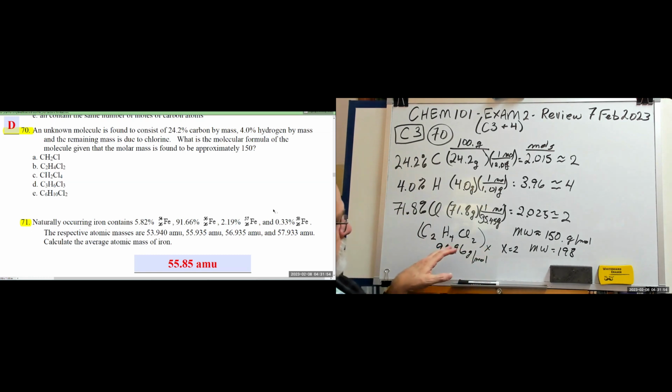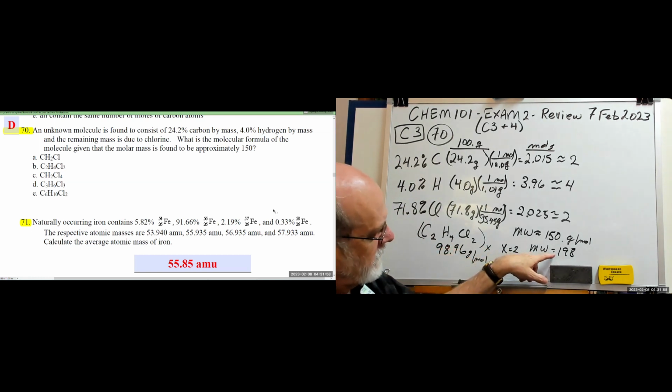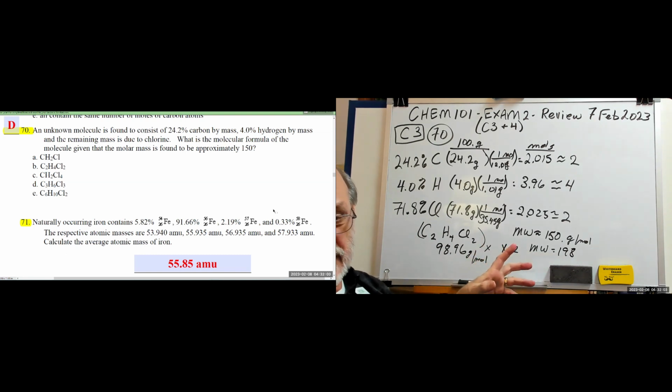So it's not exactly this one and it's not exactly that one. It's kind of in between. So if it's approximately 150, then either there's a mistake in the problem or we picked the best answer.